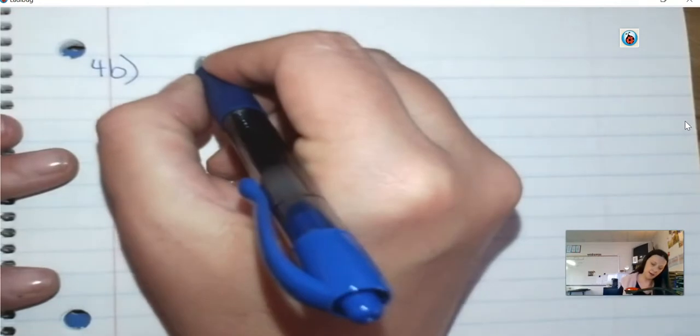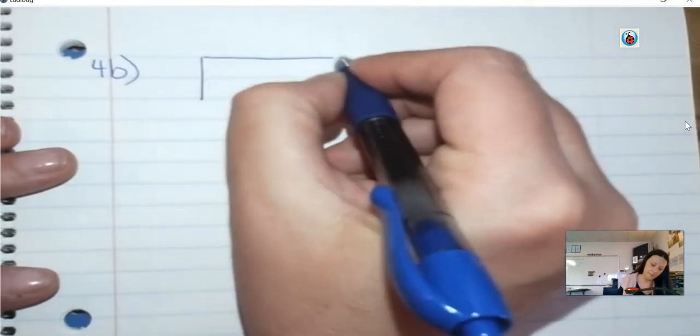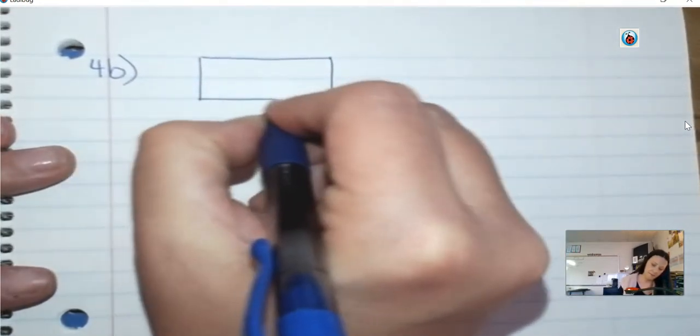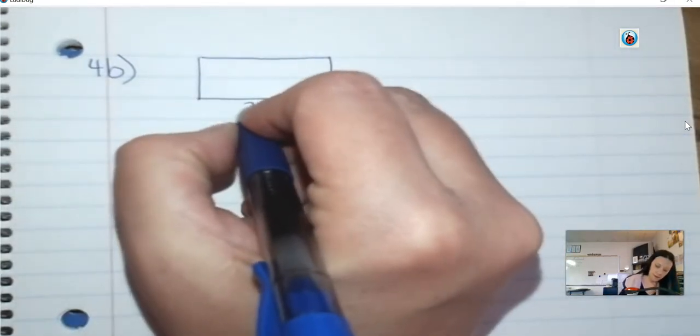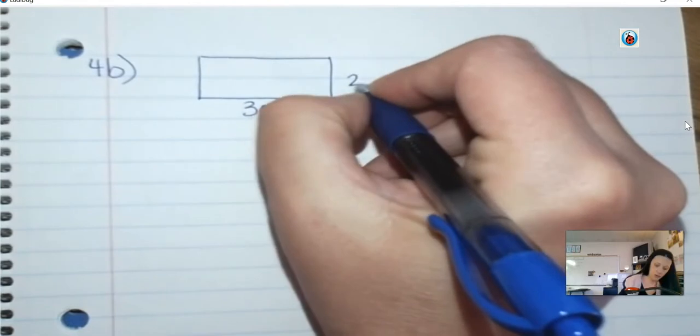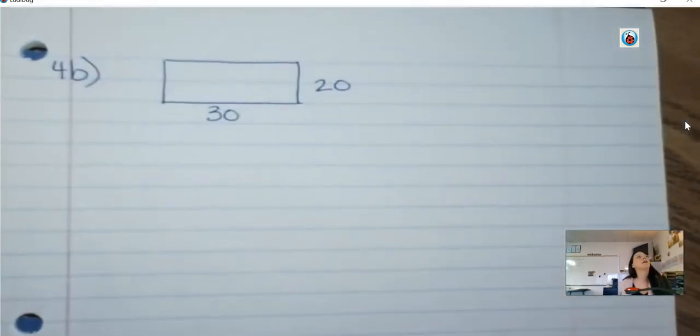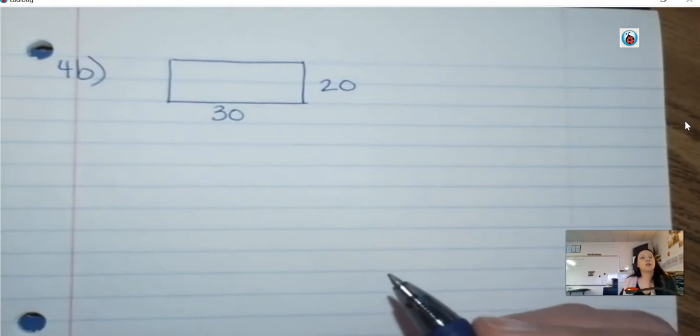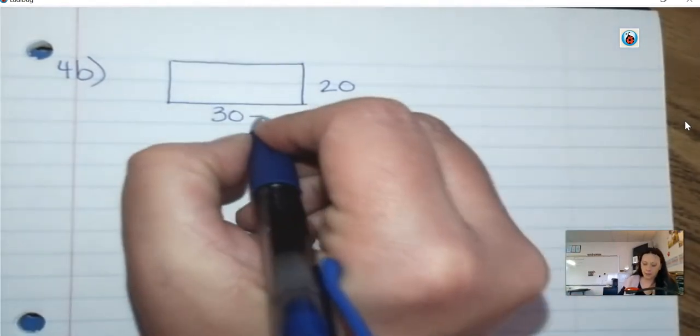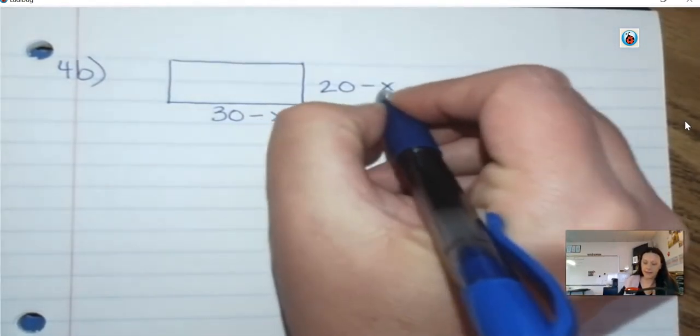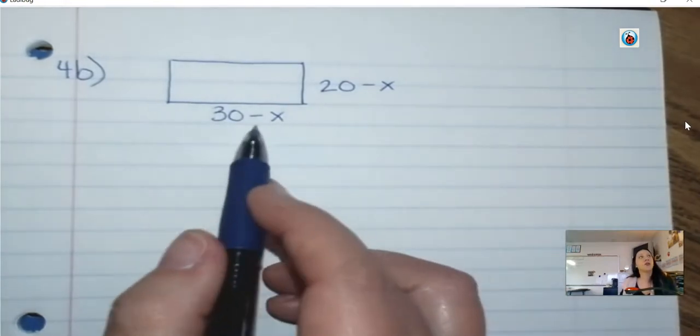So we have a rectangular mural, 30 feet by 20 feet. But Laura's is x feet shorter on both sides. If it's x feet shorter, you're going to be subtracting x from both sides. So minus x at the end, because it's going to be shorter, so we're going to subtract.